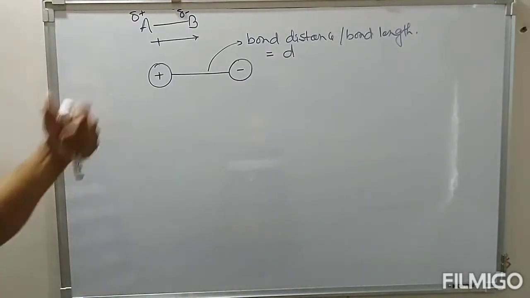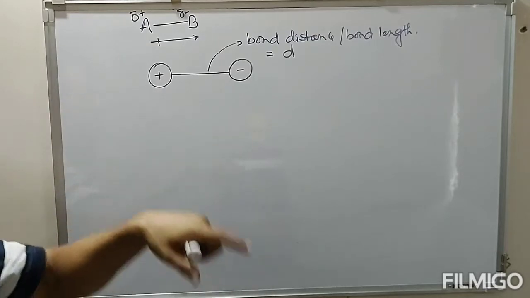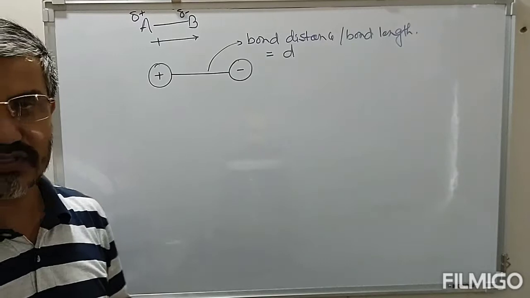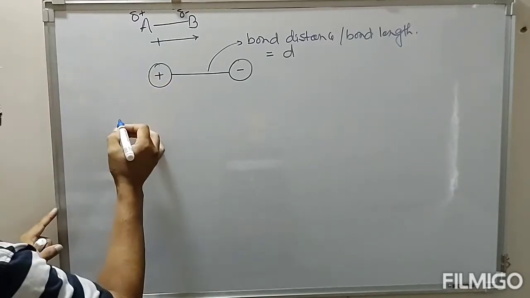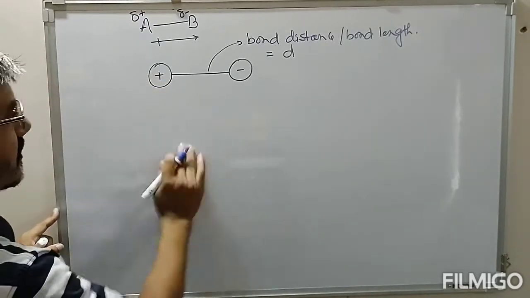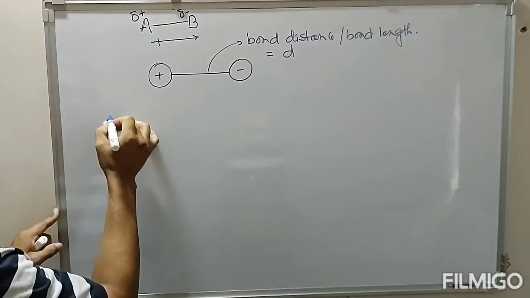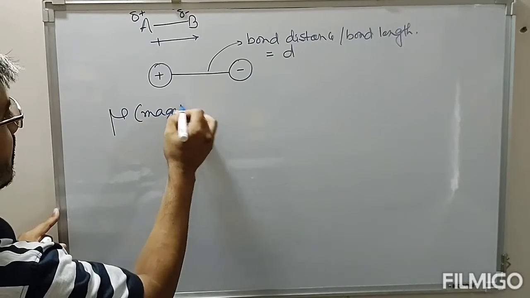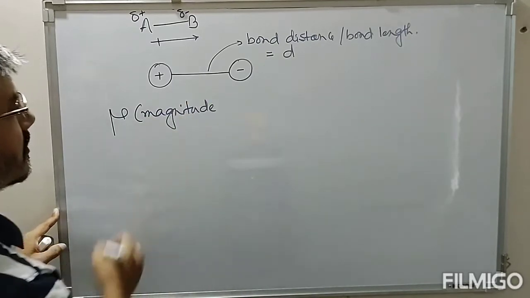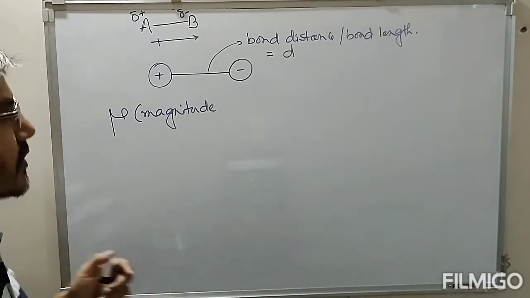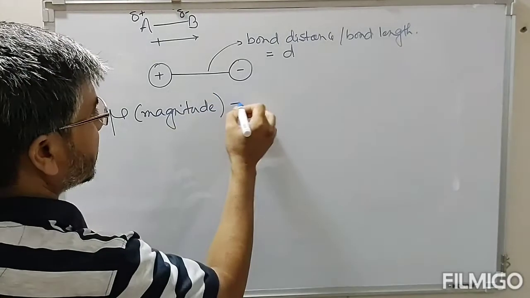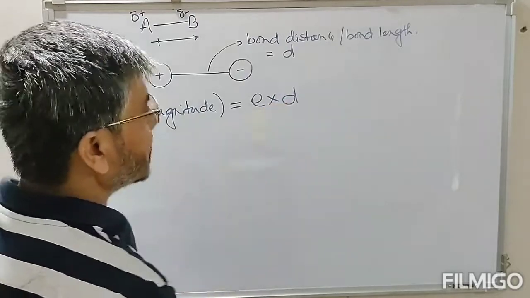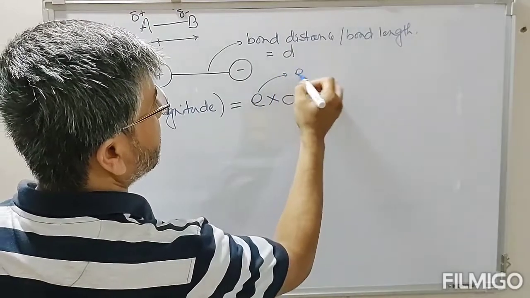The charge, or the fraction of charge on these ions, will be some percentage of the electronic charge. Then the magnitude of the dipole moment is defined as E into D, where E is the electronic charge.